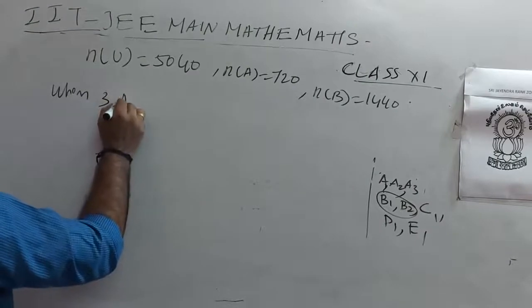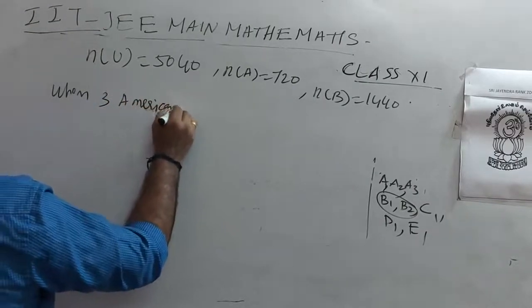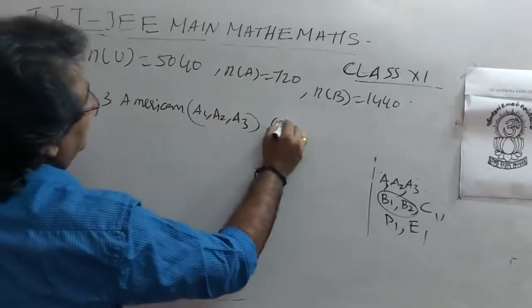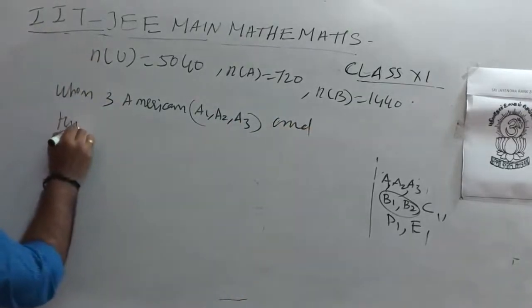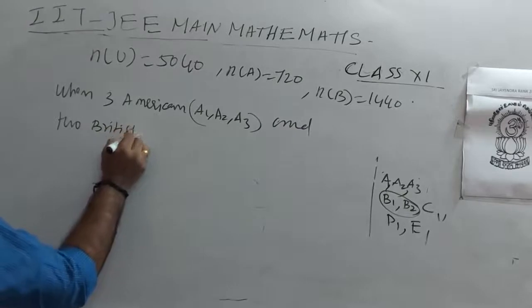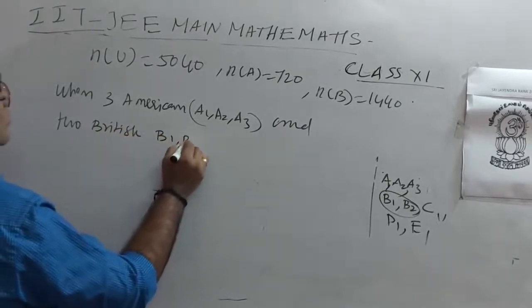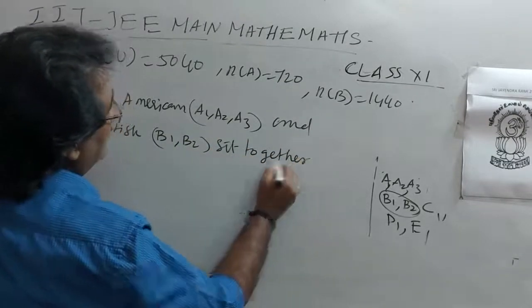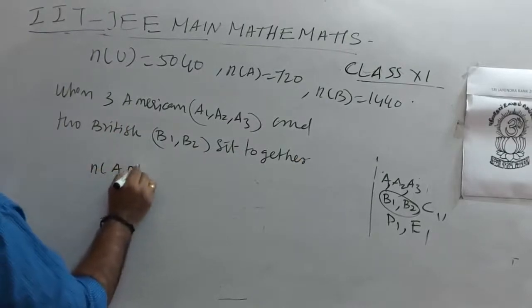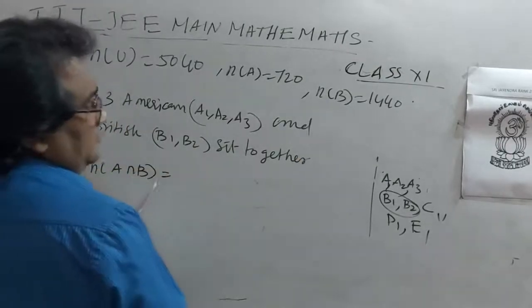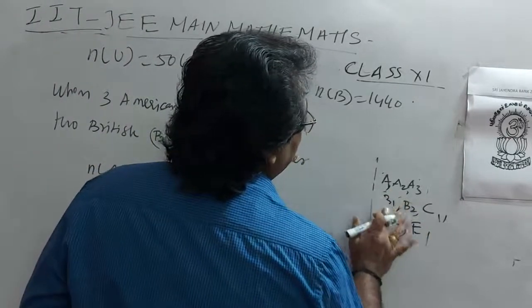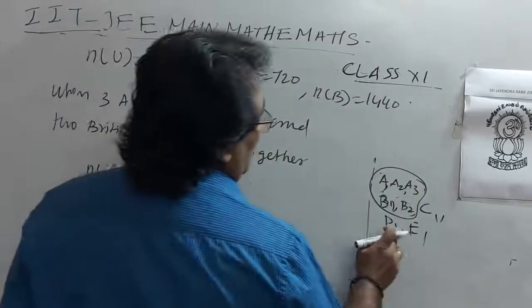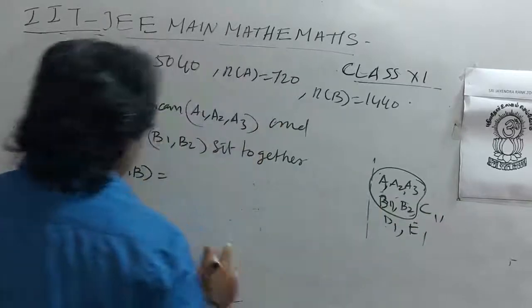When the 3 Americans A1, A2, A3 and the 2 British B1, B2 sit together, that is n of A intersection B. These 5 people sit together as 1 unit, and C1, D1, E1 are 3 more units, so 4 units.